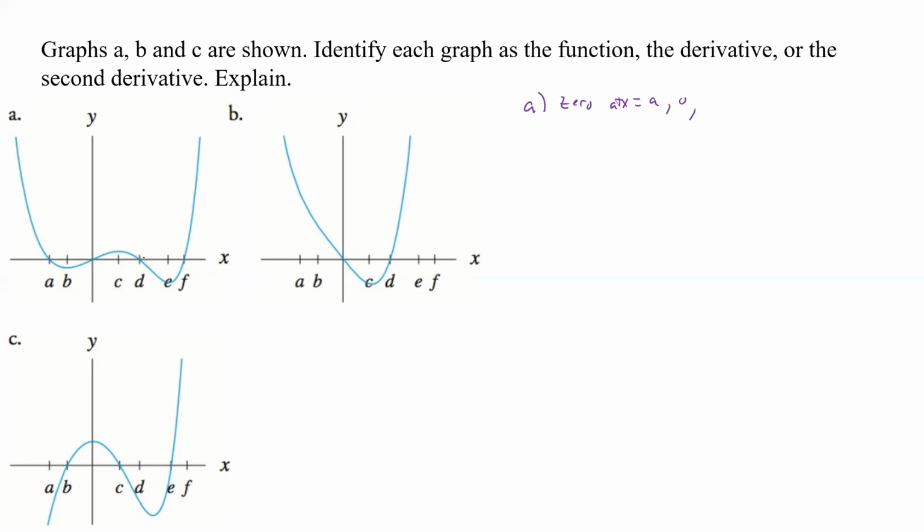We have a 0 at D and a 0 at F. It looks like we have a point of inflection here, x equals 0. And there might be another point of inflection somewhere around here. I would say probably closer to here, so to the right of D.